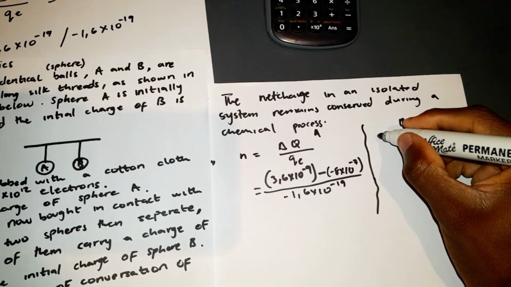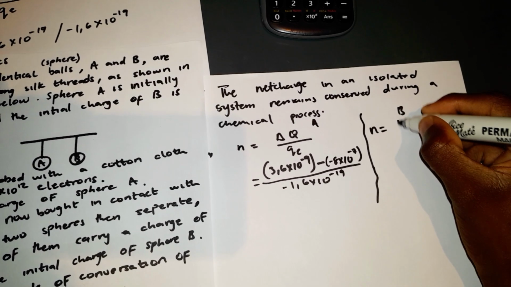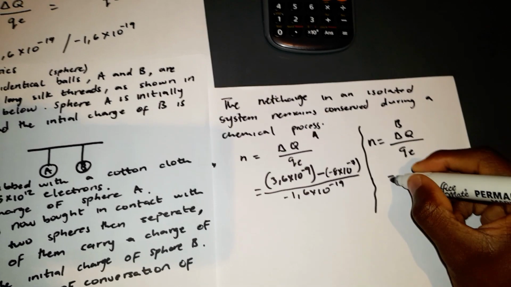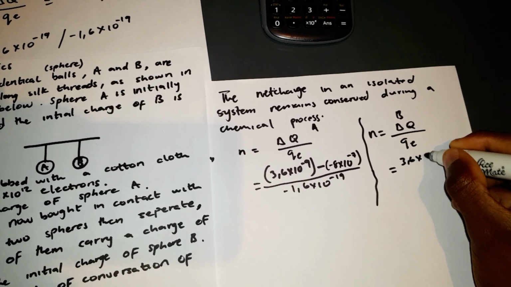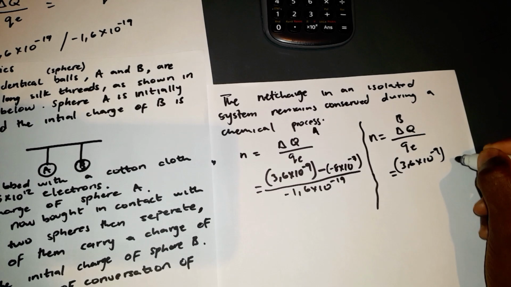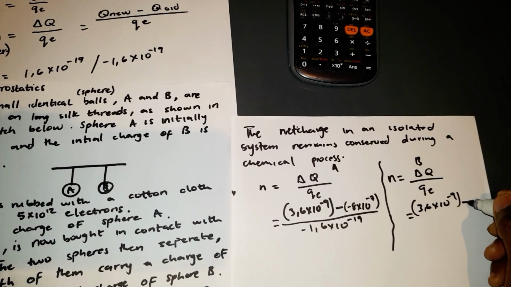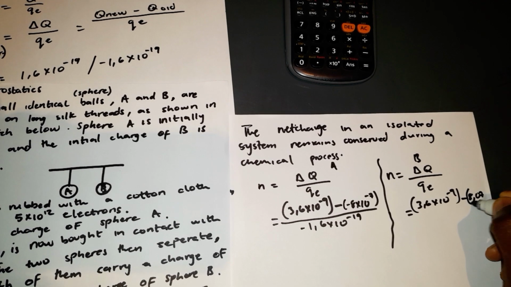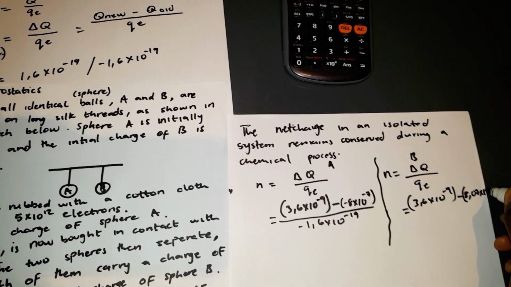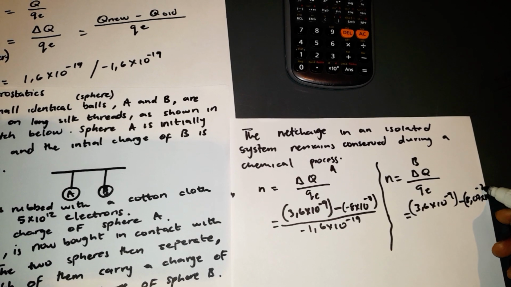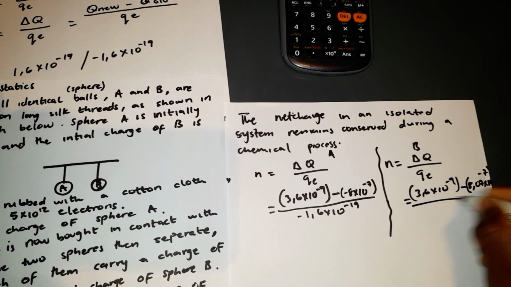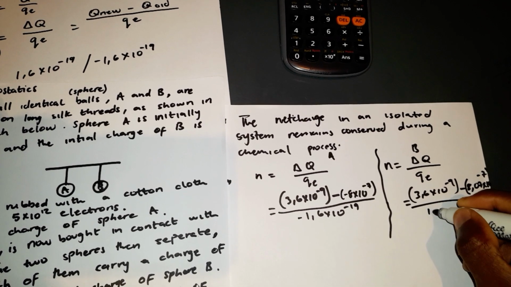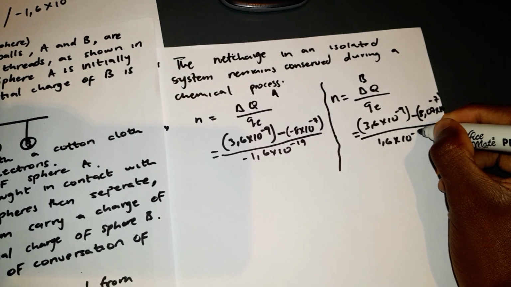And here we're gonna do the one for B. 3.6 times 10 to the negative 9 minus, we found, 8.08 times 10 to the negative 7, over, since this one is positively charged, 1.6 times 10 to the negative 19.